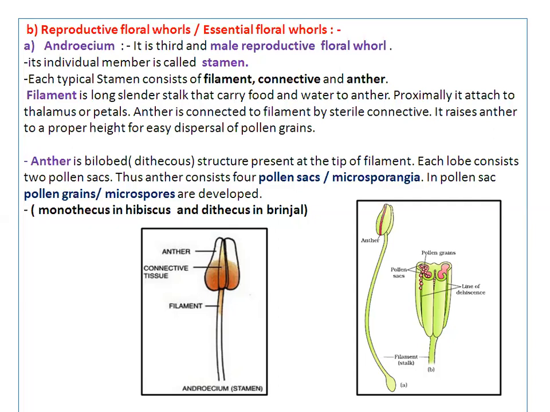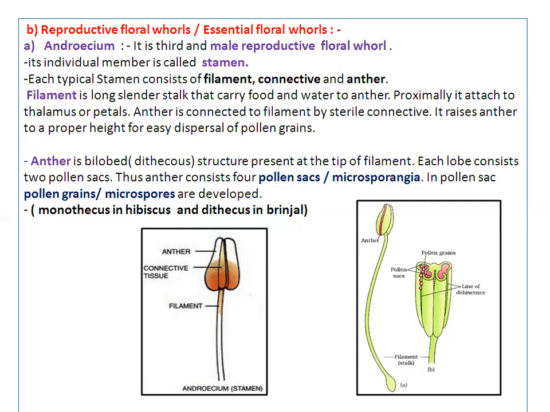Pollen grains are present within a pollen chamber or pollen sac, also known as a microsporangium, and the process of formation of a pollen grain is known as microsporogenesis. So, what is microsporogenesis? The process of formation of microspores is known as microsporogenesis. Some anthers are dithecous, for example in brinjal, while monothecous anthers also occur. So this is about the male reproductive floral organ, the androecium, and its individual member is called the stamen.